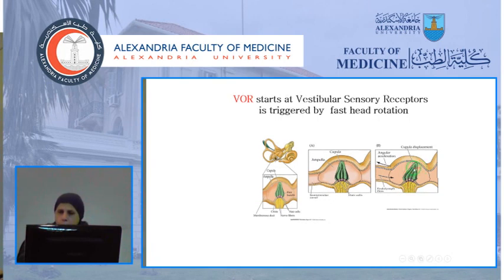But motion in the other direction will make a decrease in the firing rate, and this happens in the two coplanar semicircular canals, the canals placed in parallel planes between the right and the left ears. So in one, the endolymph will cause stimulation or an increase in the firing rate, and in the other there will be a decrease or inhibition of the firing rate, so that when the head turns to the right, there is stimulation of the eyes to move to the left.